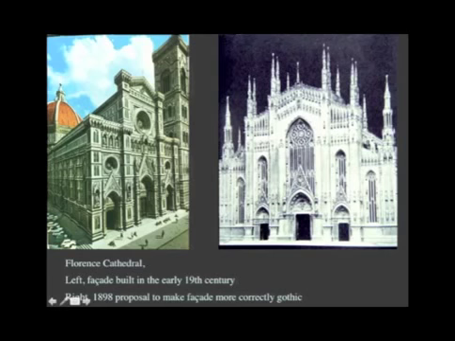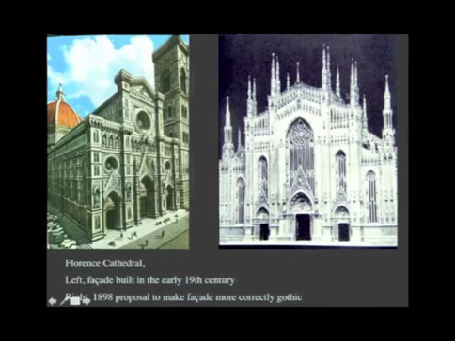And already by the late 19th century, people wanted to revise the facade of the Florence Cathedral to make it pointier and more Gothic. So this is a proposal for how to fix up the early 19th century facade of the Florence Cathedral with a late 19th century facade, which never got built.